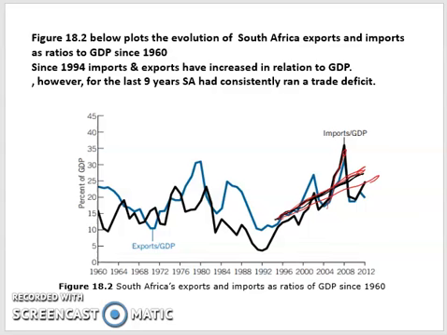As you can see, the import line, which is black, lies mostly above the export line, which is blue, meaning that imports are basically greater than exports, and we have been running a trade deficit.